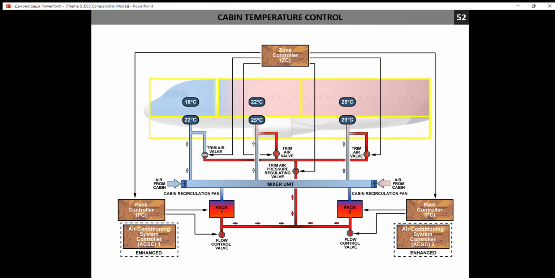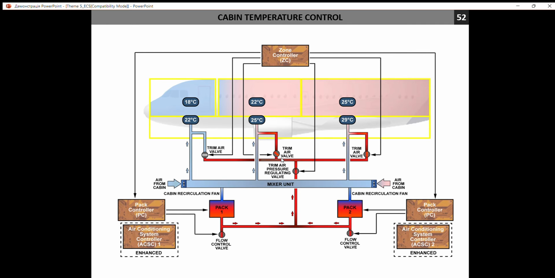We will mix cold air from the air conditioning packs with hot air that is going outside the air conditioning pack manifolds. And I hope you remember that we call it trim air.